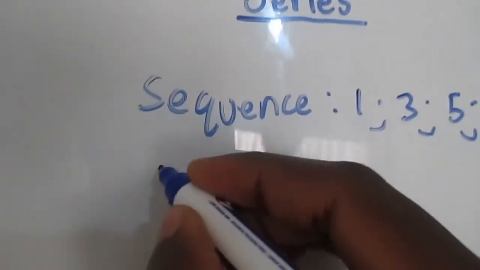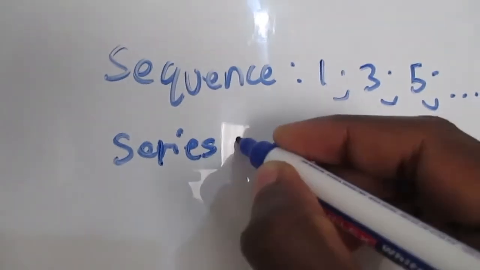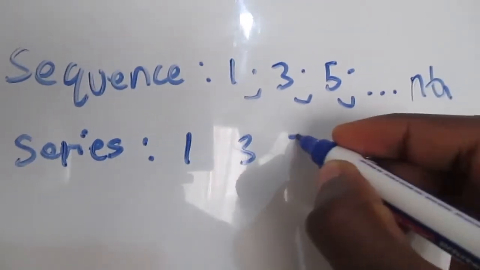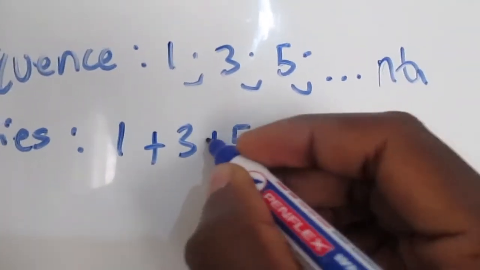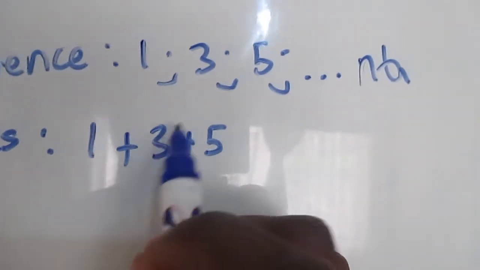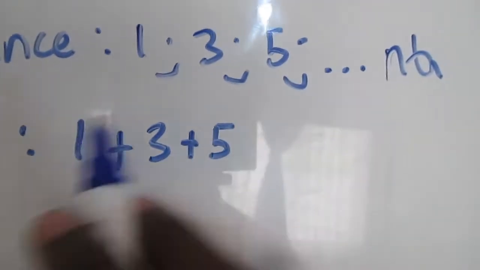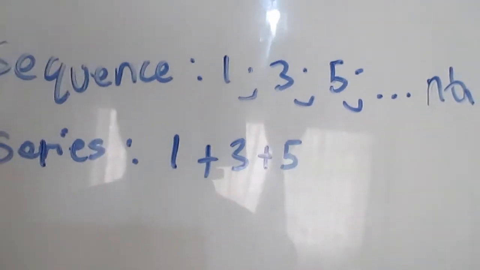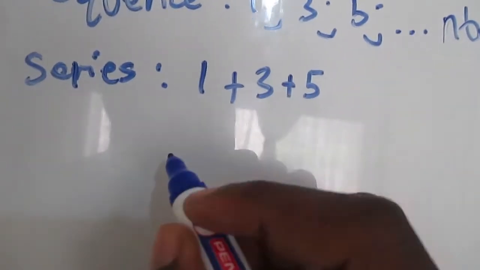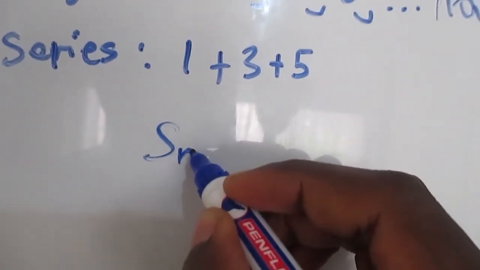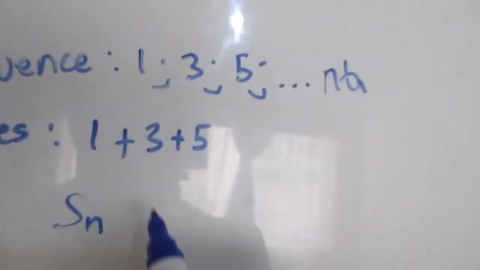So we're now introducing series, which is essentially the same thing, but now we are interested in the sum of the terms. So if you only had these 3 terms and you're asked to find the series, or the sum, it is denoted as Sn instead of Tn for the sequence.